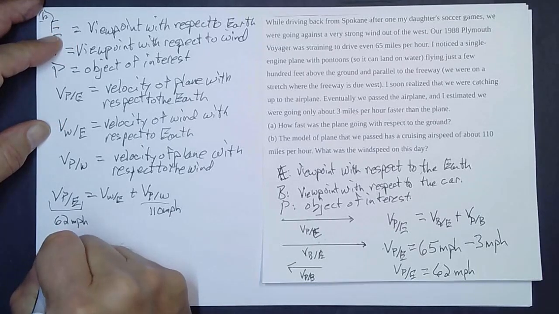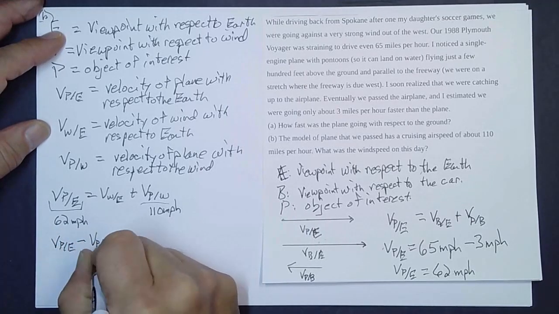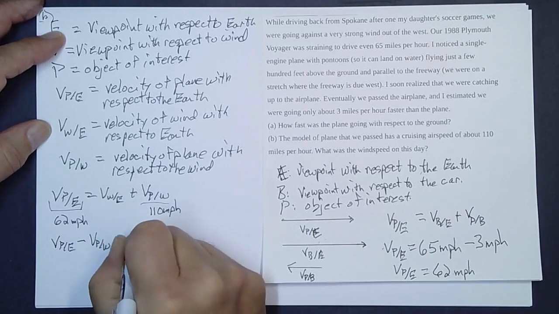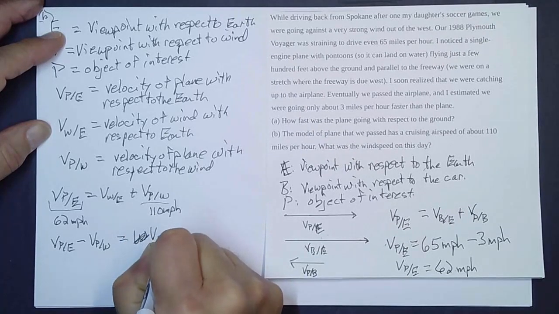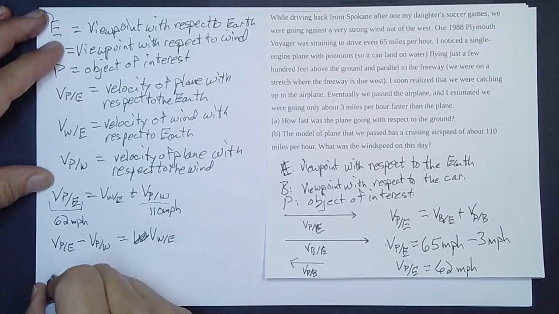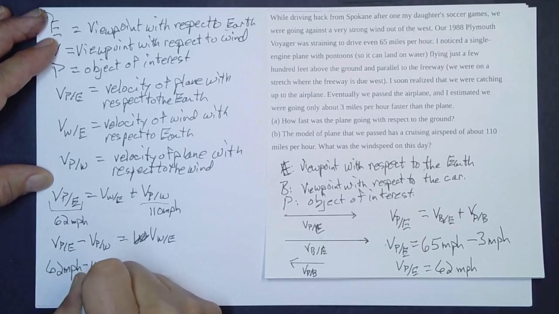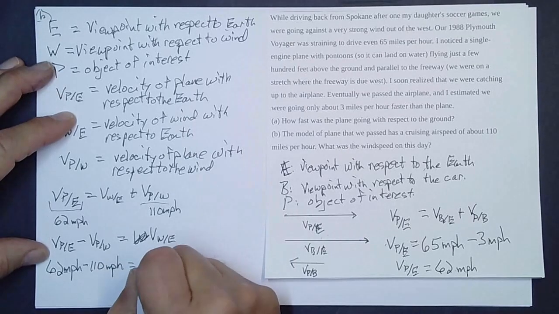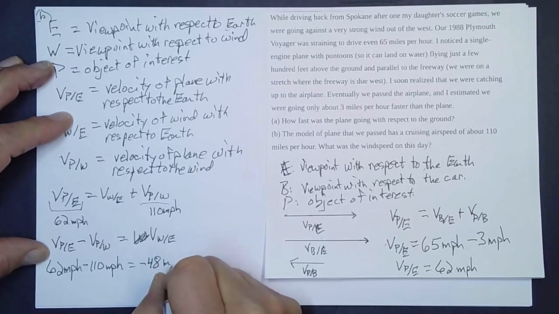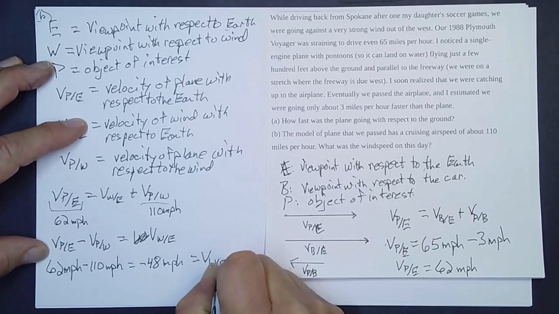Well, velocity of the plane with respect to the Earth minus the velocity of the plane with respect to the wind is equal to the velocity of the wind with respect to the Earth. So it's going to be 62 miles per hour minus 110 miles per hour. And we get about minus 48 miles per hour, and that's the velocity of the wind with respect to the Earth.